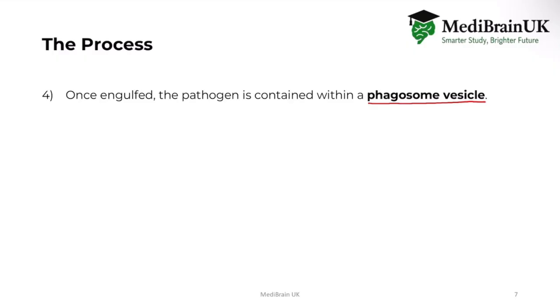It's not going to take up the whole phagocyte or move around randomly. It's going to be contained within a sort of capsule within the phagocyte, and you call that the phagosome vesicle. Make sure that you learn that name. That's really important for exams.